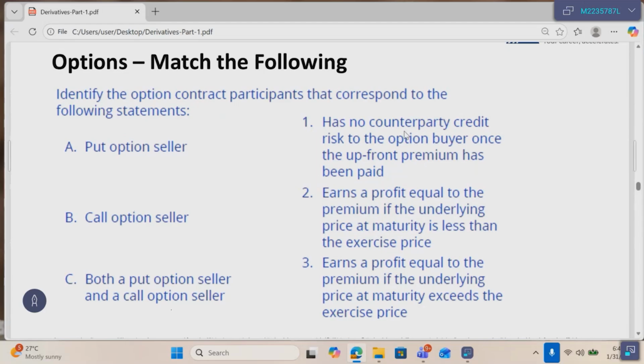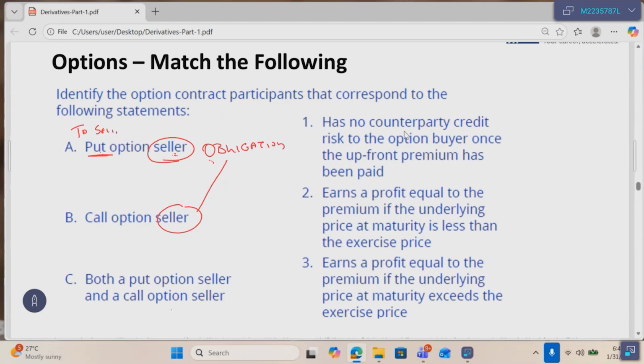Put option seller. Now remember, the seller has the obligation, right? But put means the right to sell. Now the seller has the obligation to satisfy the put. So for the put option seller, put means the right to sell, so this guy will have to buy.